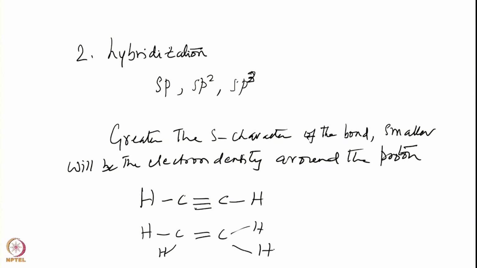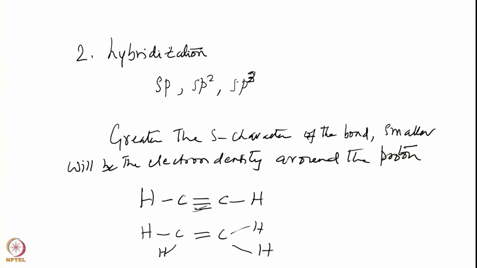So therefore, this has the highest sp character in the bonds here, therefore the lowest electron density at the proton, relatively higher here, and relatively higher for the CH3. So if I take just the CH3 in the alcohol, that is CH3.